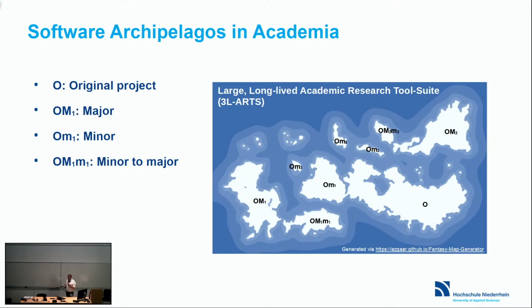O indicates the original project over here. In this set of islands, major extensions are designated by a capital M, while minor extensions use a lowercase m. Major extensions are introduced by new contributors such as students, postdocs, after initial developers have left the project.